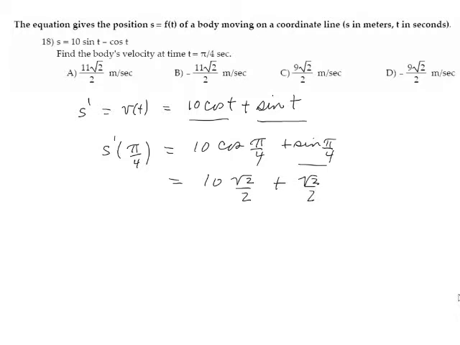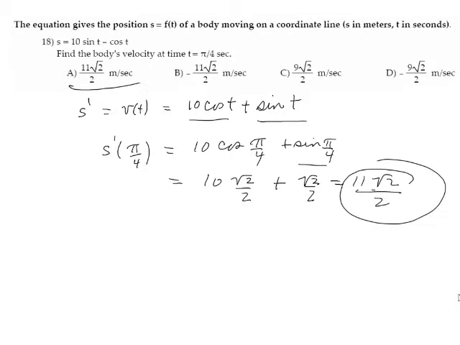So we get 11 square roots of 2 over 2, which is answer A.